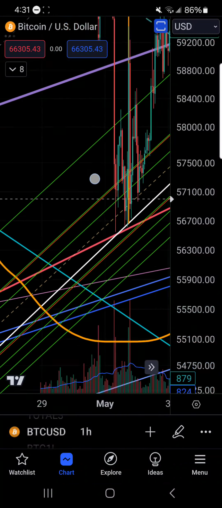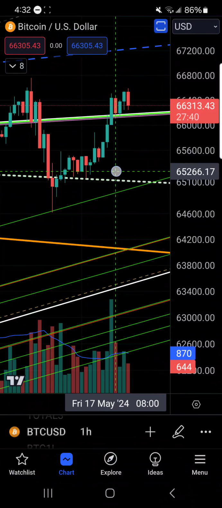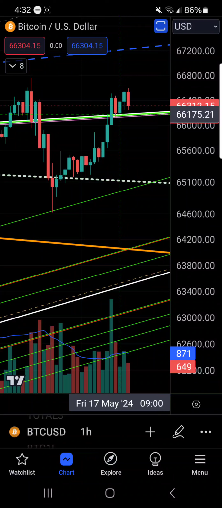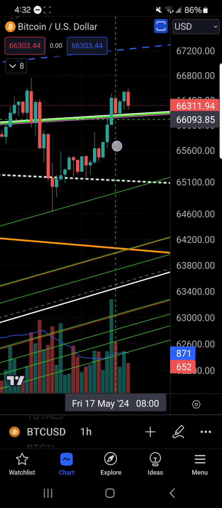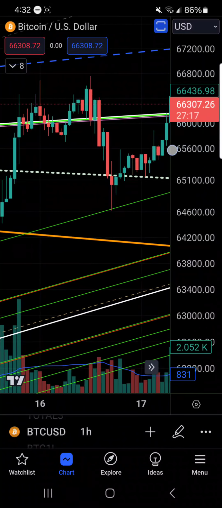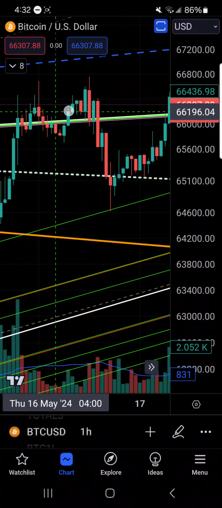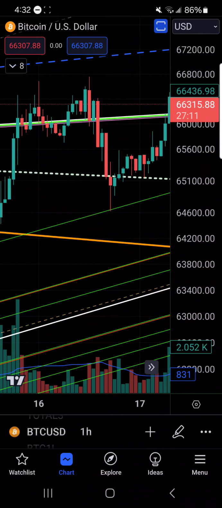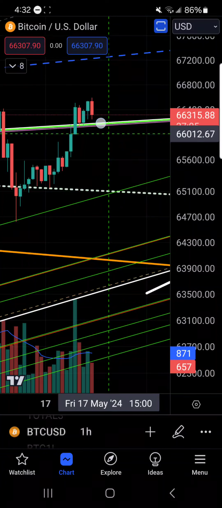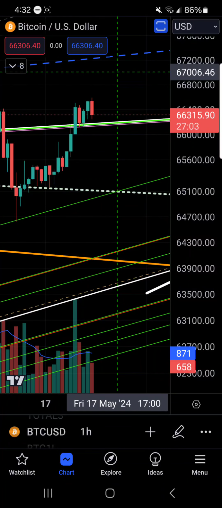You can clearly see it held the center, or the mean band, of the Gaussian channel as support for several hours, and currently we have broken back up into our white parallel channel, the most important channel in Bitcoin's history, and are holding it as support on several hourly candles after struggling with it here for the first time. And I'm thinking this is going to stick right here. Once market opens today, I see us heading upwards.